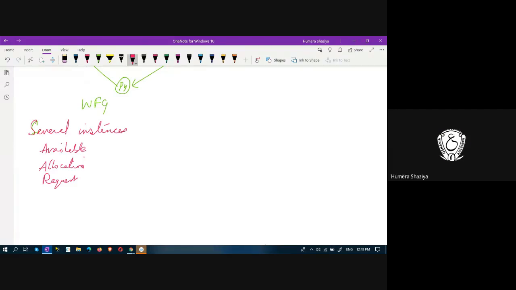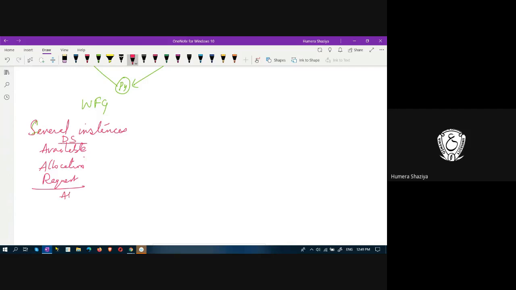Available indicates the number of available resources. Allocation is a matrix. It defines the number of resources currently allocated, and request is also a matrix that indicates the current request of each process. These are the data structures.